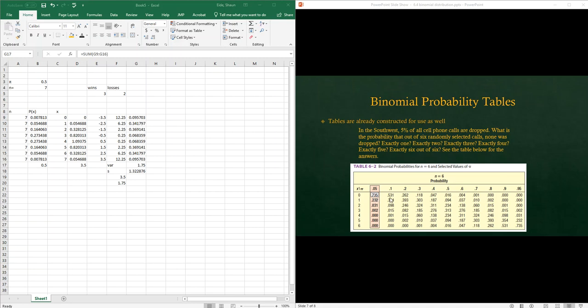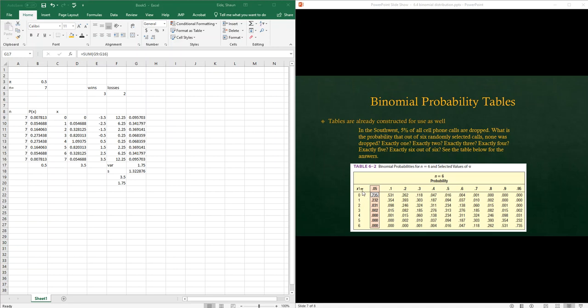If the probability was 0.1, the probability of x occurring 0 times would be 0.531. The probability of x occurring 1 time would be 0.354. The probability of x occurring 2 times would be 0.098.